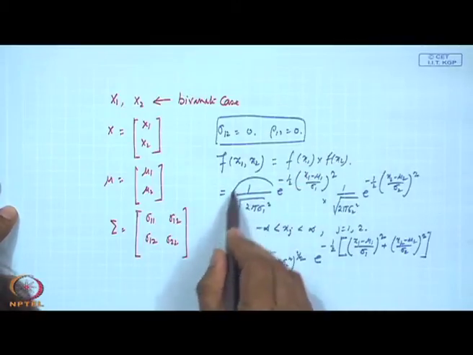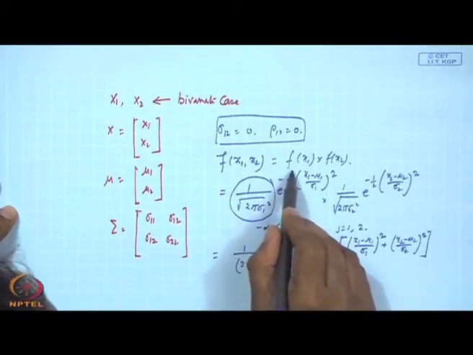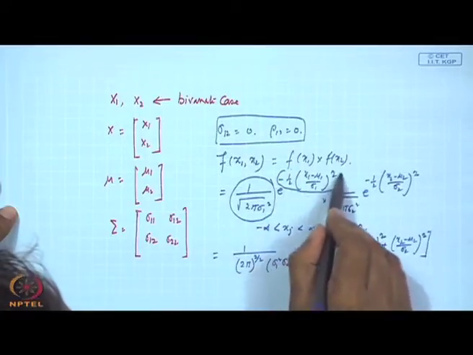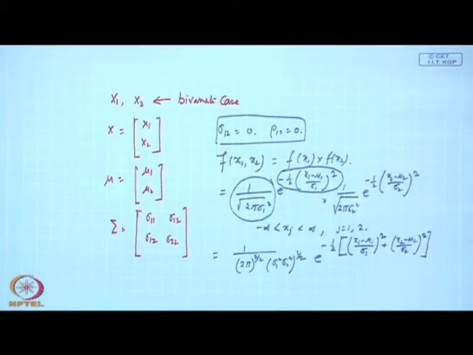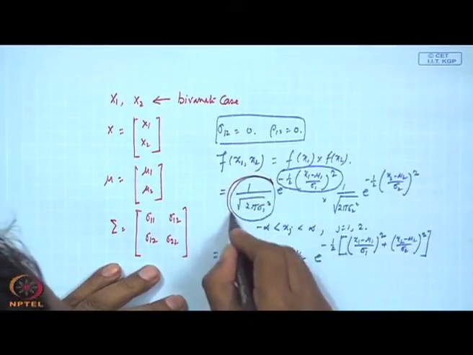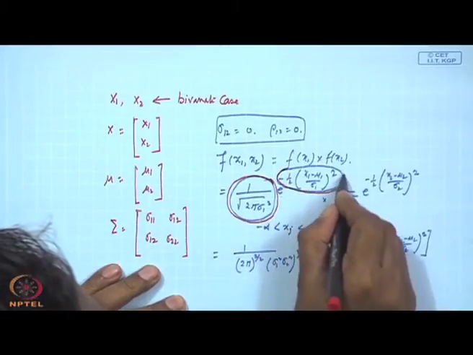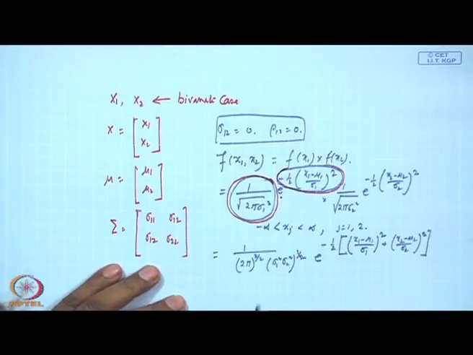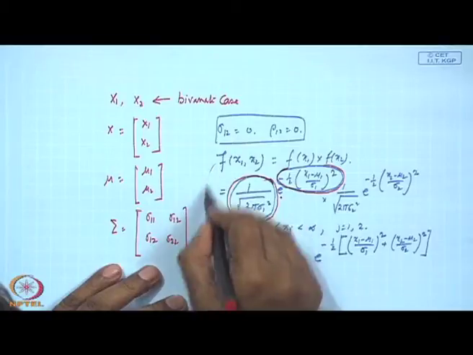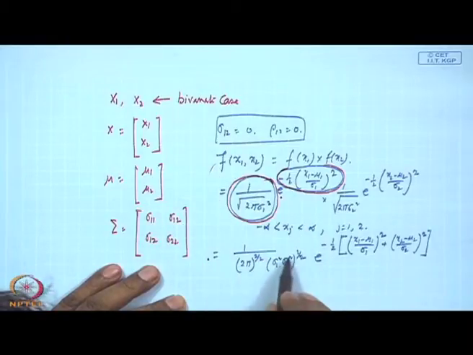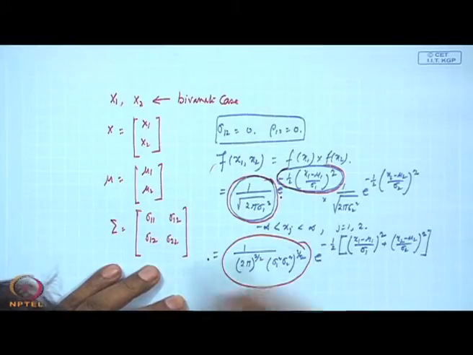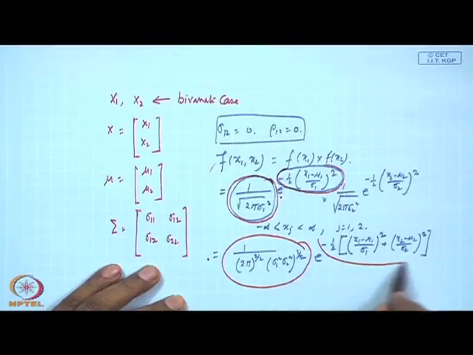One is the constant part, another one is the exponent part, meaning e to the power something. And when you make the joint distribution here also, you have two parts, this and this.